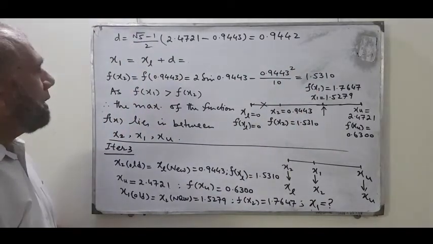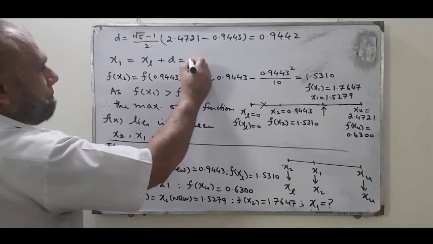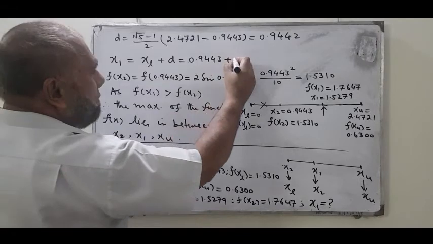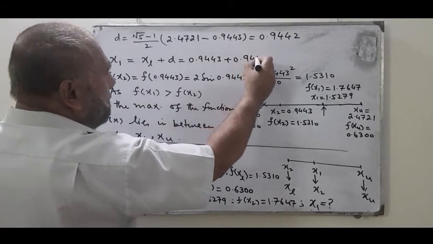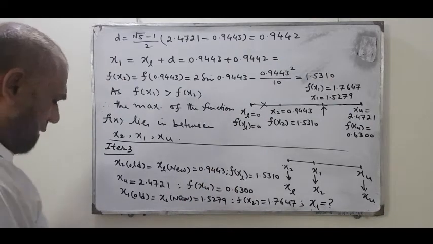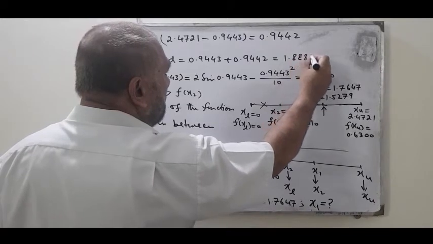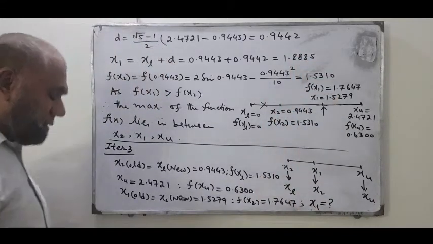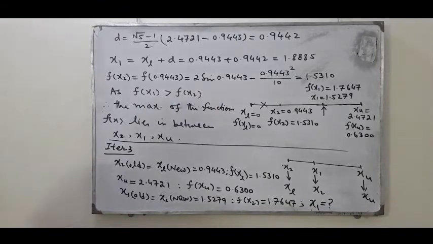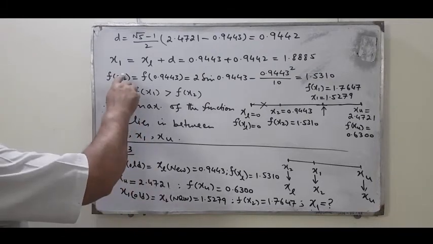So xl is the lower limit, which is 0.9443, and plus d we have just calculated, 0.9442, and on taking the sum of these two it gives you 1.8885. So this is your x1.